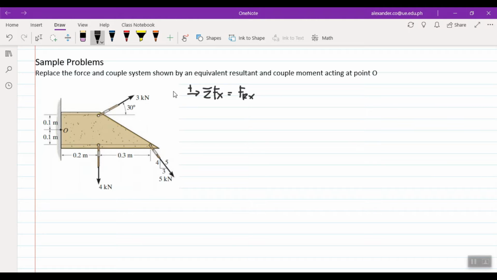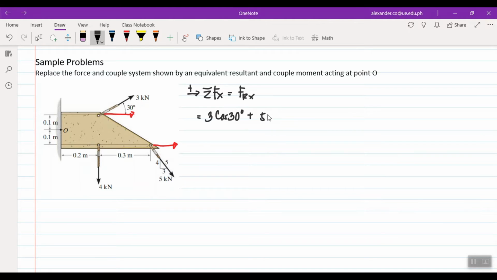This 3 kilonewton, will be equal to what? 3 positive because it's going to the right. If you look at this one, this is its x component. This one also has an x component, but this one doesn't have any x component, obviously because it's purely vertical. Okay, back here. So this will be 3 cosine 30 degrees plus this one.